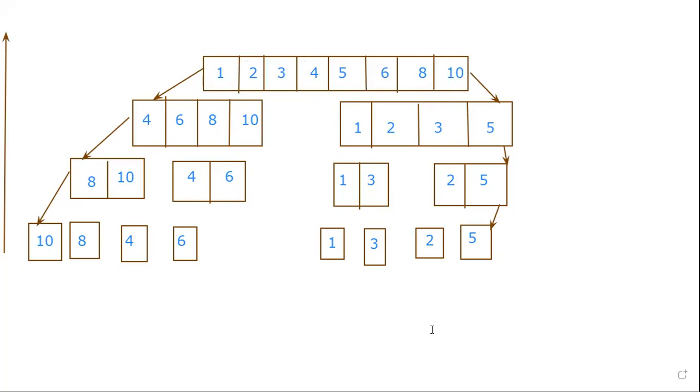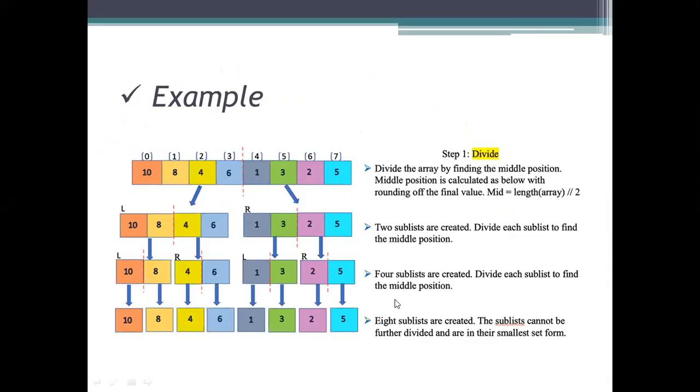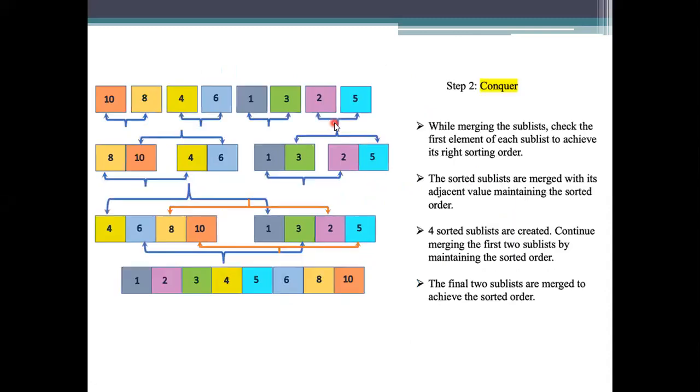So in this representation, we are using a bottom up approach for processing. We individually divided the elements and we are conquering them. How are we conquering?